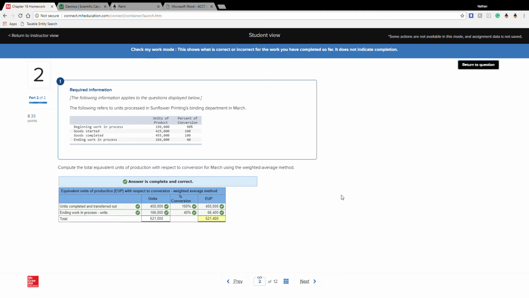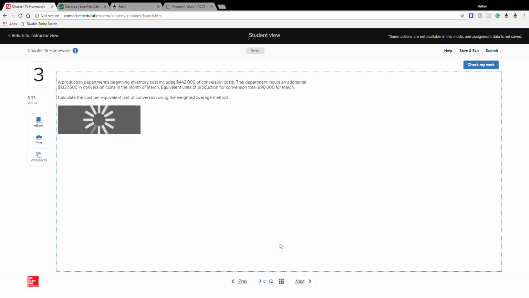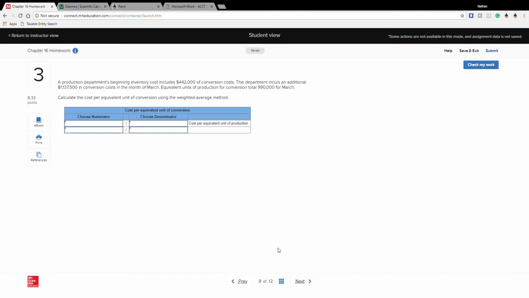Mostly, managers take this report just to see how many units they could have had done and how much it will cost them. So, of course, question 3 brings in the cost. So, we have a production department. Beginning inventory cost includes 442,000 in conversion cost in the beginning.